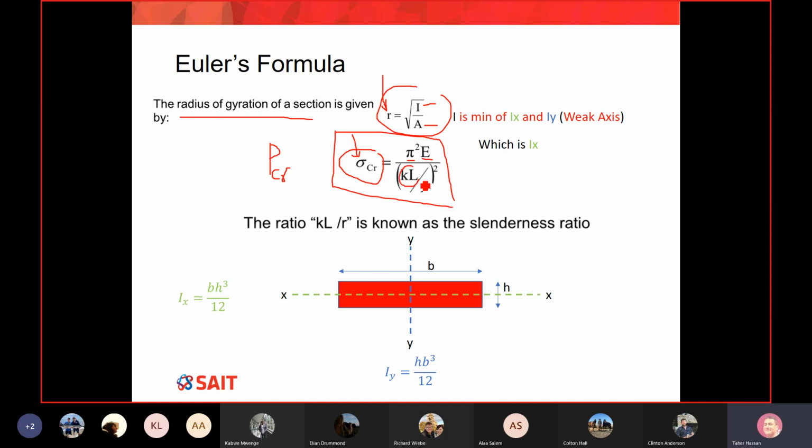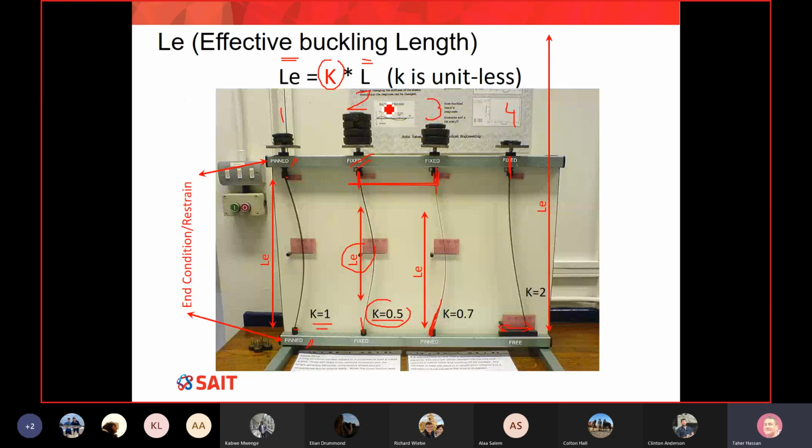Where KL, guys, what is KL? Anybody knows what is KL? It's in my slide. What is KL?